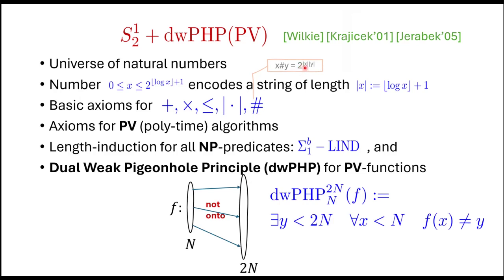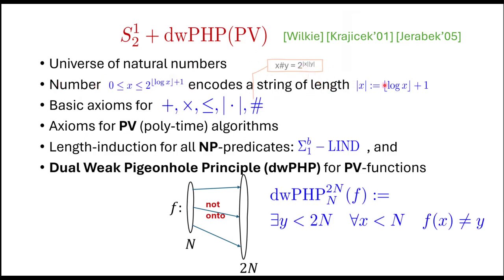So 2 to the size of x times size of y gives you a bound that upper bounds numbers whose length is x times y. And so this will allow us to encode polynomial size growth, where the polynomial is in the string size.